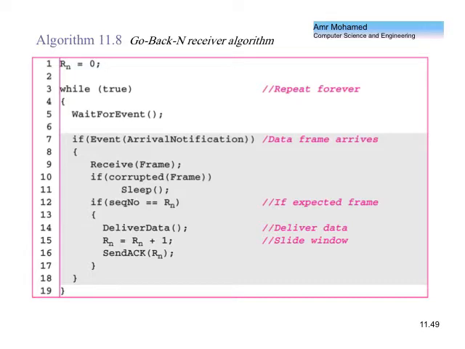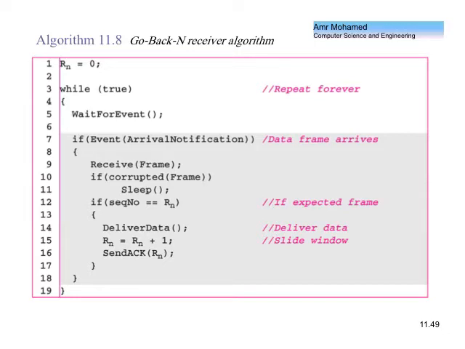So in that case, only if the sequence number of the incoming frame is the one that I'm expecting, then I can send the acknowledgement. Otherwise, I just ignore it. Okay? So only then can I deliver the data to the upper layer, and then I increment Rn to point to the next one.